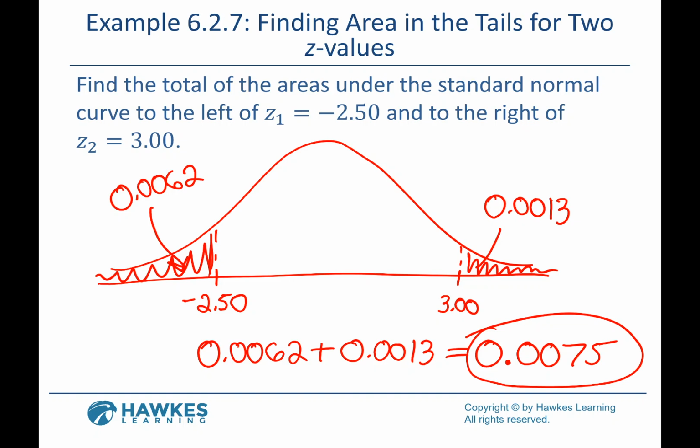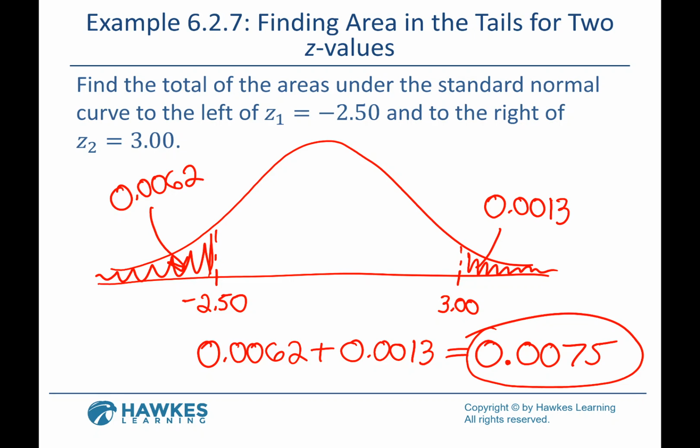Because the area between is the part we don't want. So that works also. It's just one extra step, one extra operation. Because to find the area between, we'd still have to look them up. There we just add instead of subtract.